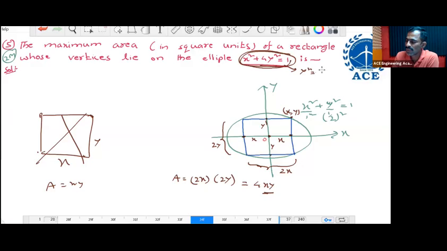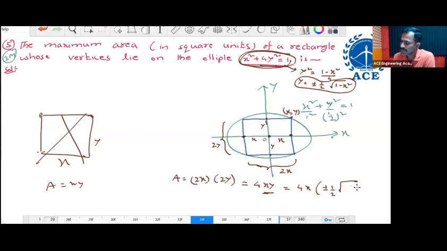So y square equal to 1 minus x square divided by 4, or y equal to plus or minus 1 by 2 into under root of 1 minus x square. This is the y only. If I substitute here, 4 into x into plus or minus 1 by 2 under root of 1 minus x square.